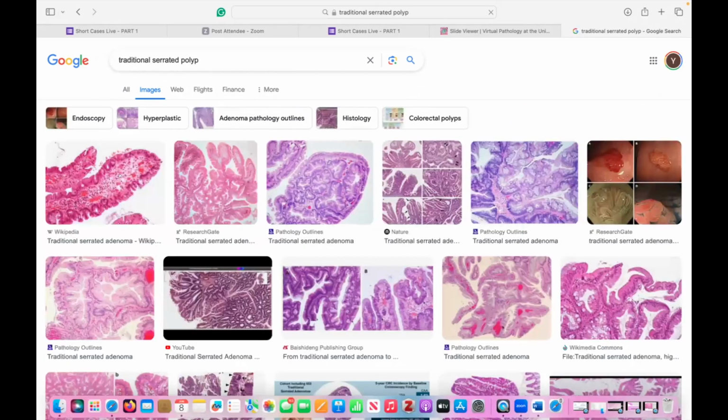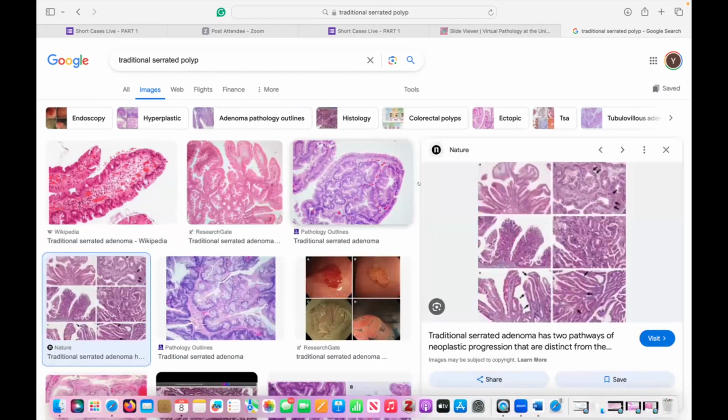Which one do you want? This first one. We look at a better example, like this one. Open this one. See this villoglandular morphology, and very long, and this lining epithelium will be eosinophilic epithelium.